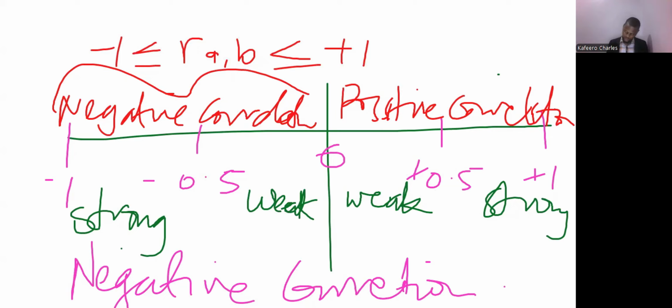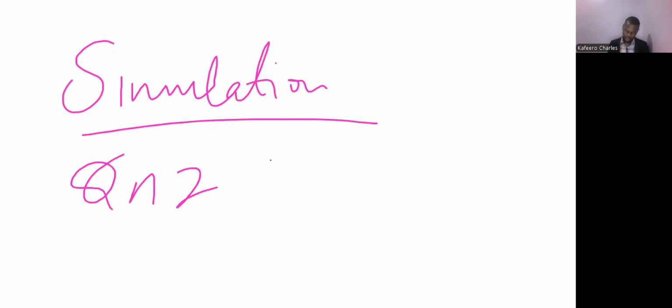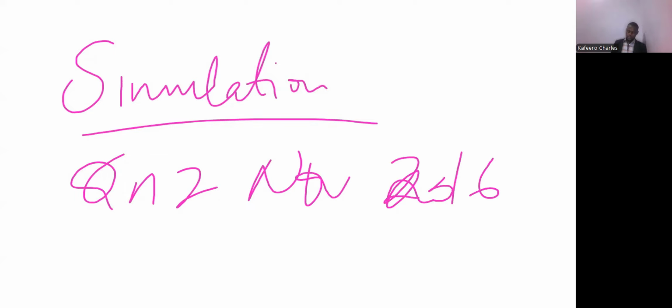So next we are going to be looking at a simulation to help us understand the different methods that we have been seeing. We are just going to look at question 2, November 2016. It's the one that will help us to go through the different formulas.